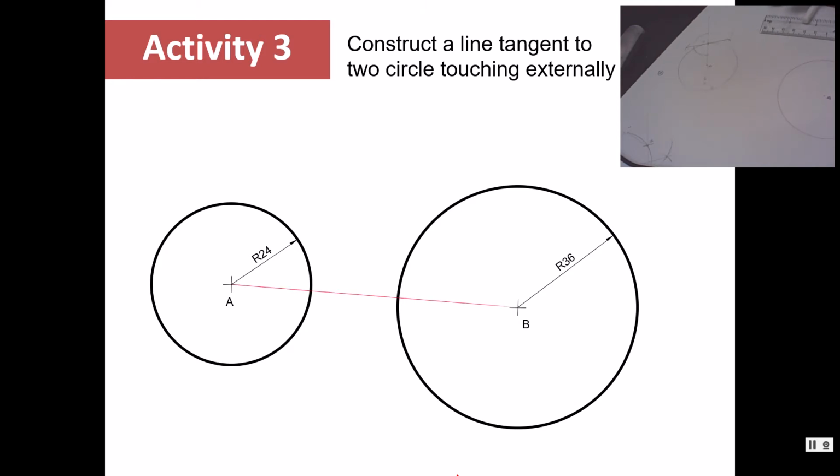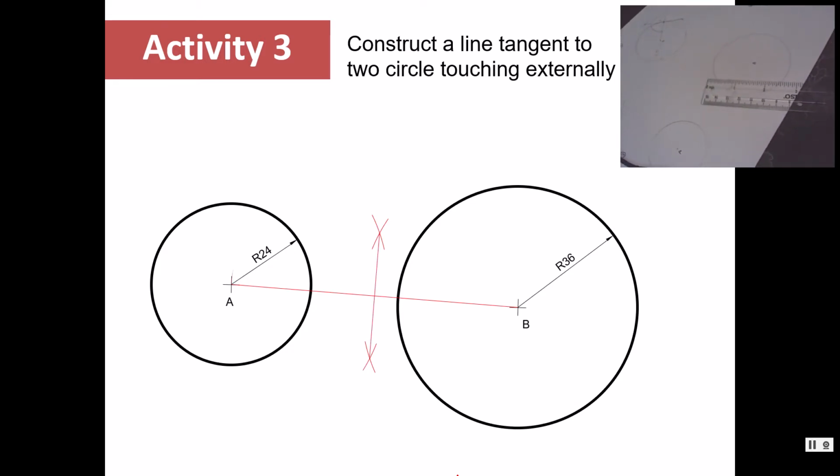First of all, you need to draw a straight line from A to B and then find the midpoint of the line. And then from the midpoint of the line, you draw a semicircle, and then draw another arc that has a radius of the radius of B minus the radius of A. And then from point X, just go straight.